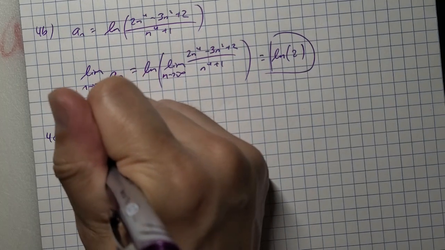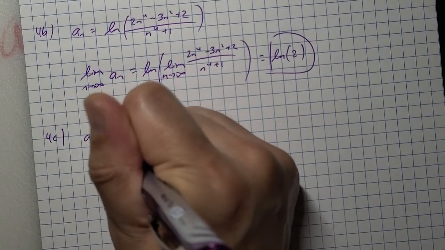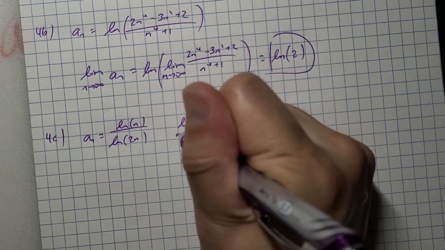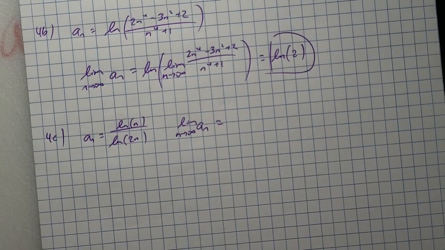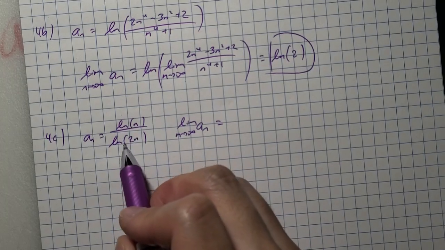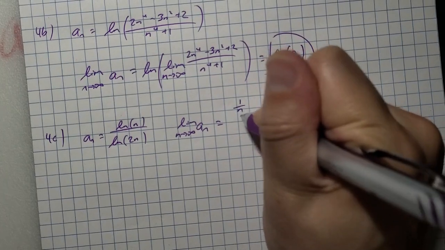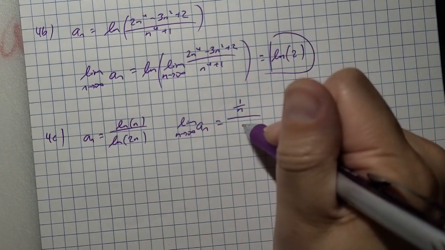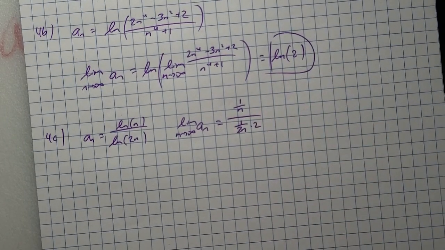For C, a sub n is ln of n over ln of 2n. So limit as n goes to infinity of a sub n. When we take the limit as n goes to infinity, it'll be infinity over infinity. So indeterminate, let's do L'Hopital's rule. Derivative of ln of n is 1 over n. Derivative of ln of 2n is 1 over 2n times 2.